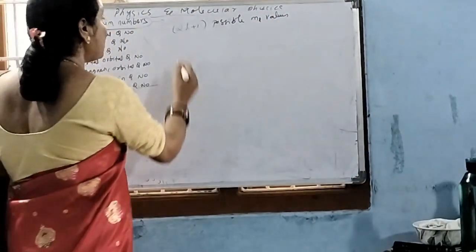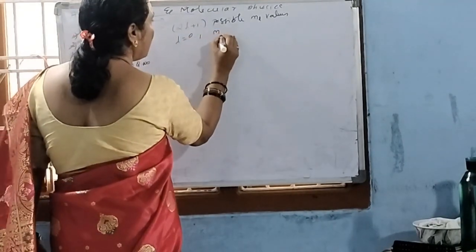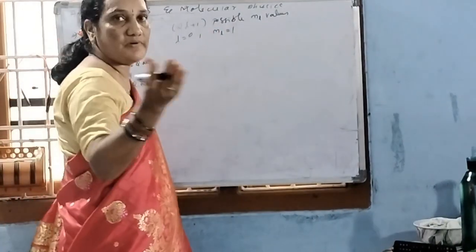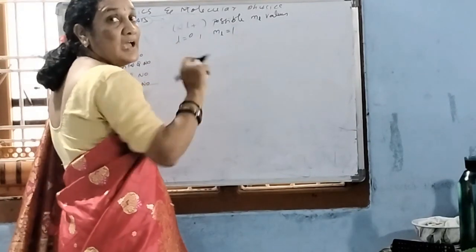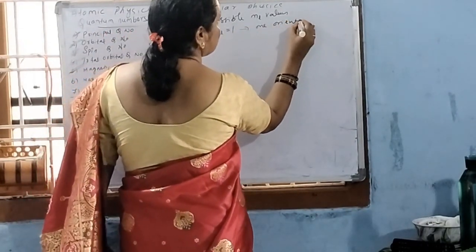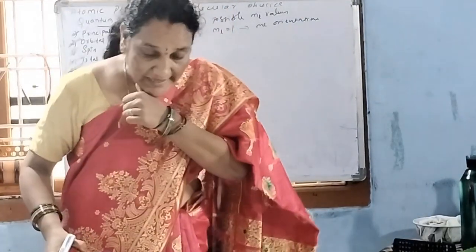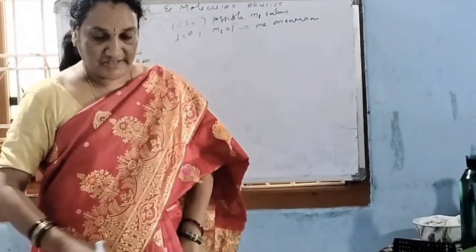Now let us take one example: when L equals 0, ml will be 1, as 0 is substituted. Here it is having only one orientation; the electron is having only one orientation.